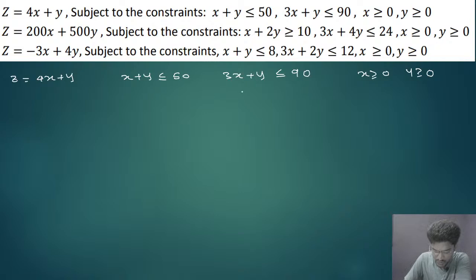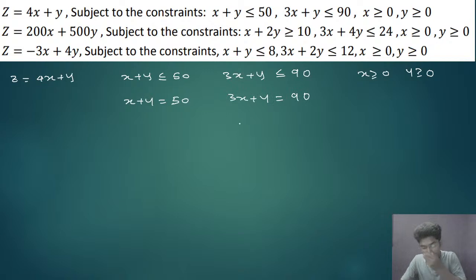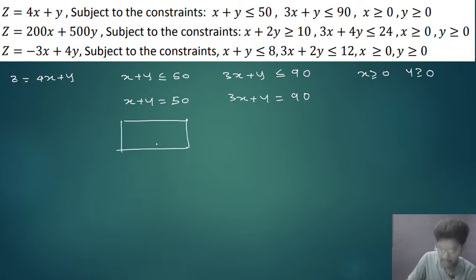That means only two lines you are going to get. Okay. So x plus y equal to 50, 3x plus y equal to 90. So solve this. It is going to be x is 0, y is 50, y is 0, x is 50.